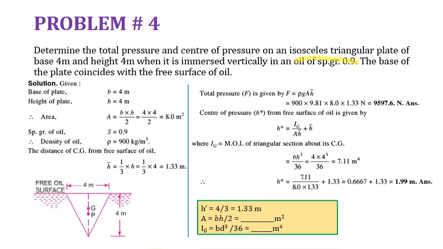So BD cube over 36. The rest of the formula is the same. I believe now you can do it. Use this formula for force and for HP, and you will have your answer.